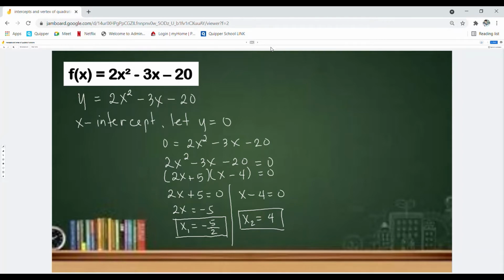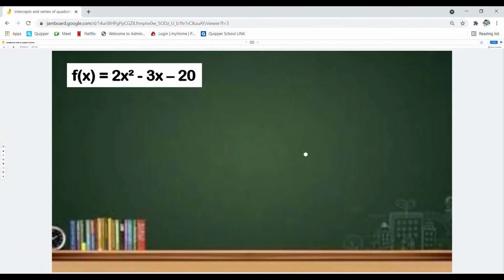Very simple. Now let's use the same given as we solve for the y-intercept. How to solve for y-intercept? Very easy. Again, we can write that as y is equal to 2x squared minus 3x minus 20. Here, if we will solve our y-intercept, we will let our x be equal to 0.